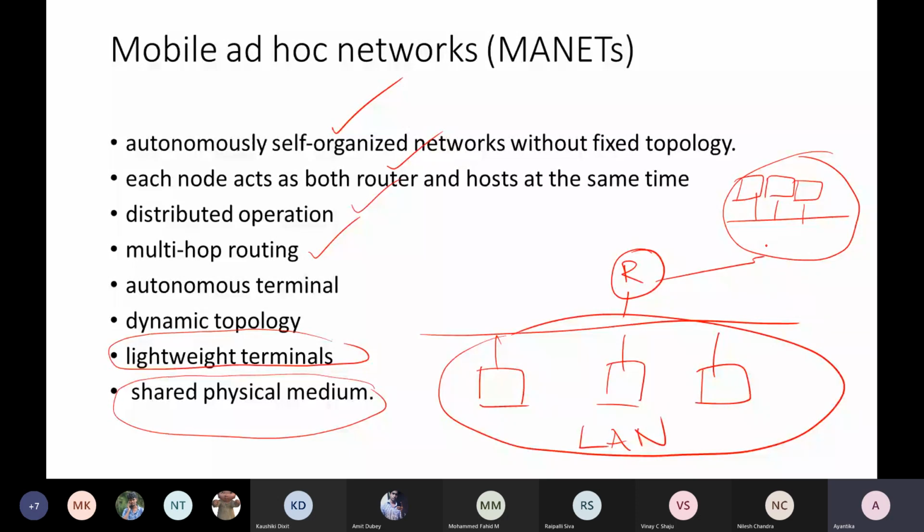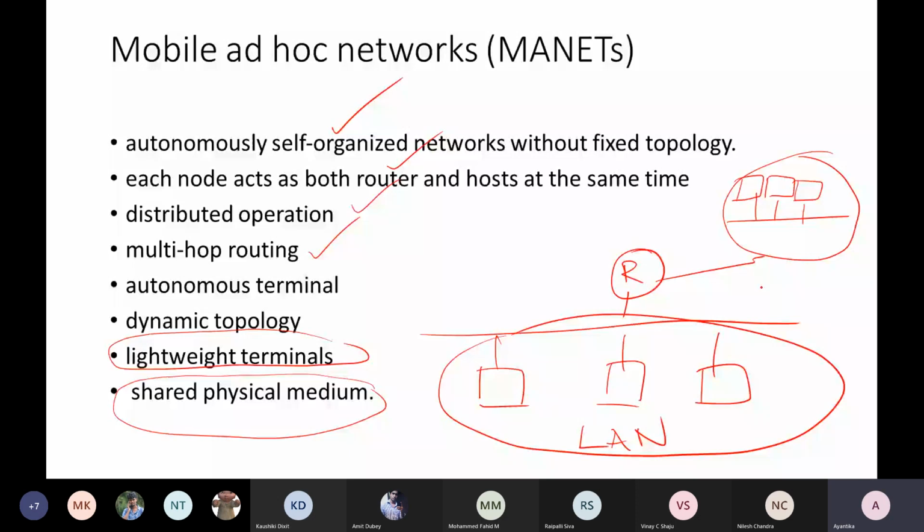The topologies may be different, but more or less the arrangement of LANs and the nodes associated with them, and in turn the whole network, is constant, right? There is not much change in that. Sometimes you are adding some node, sometimes you are deleting some node, but there is not much change.